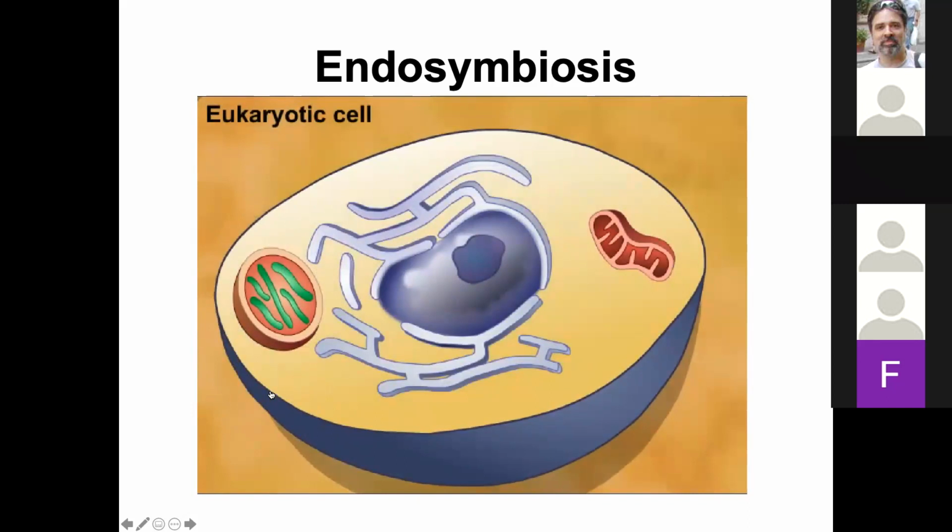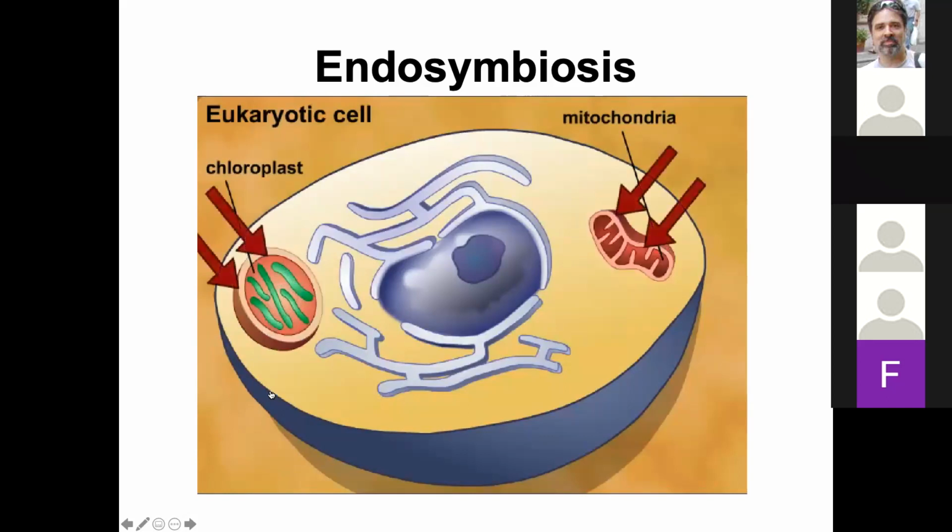A few examples include: 1. Mitochondria and chloroplasts contain their own circular DNA, similar to DNA in bacteria. 2. Both mitochondria and chloroplasts are surrounded by two membranes.